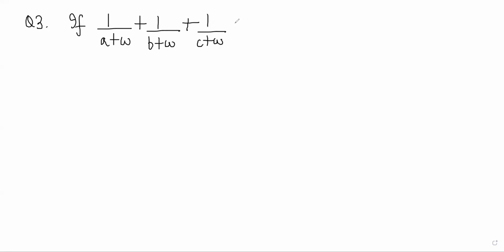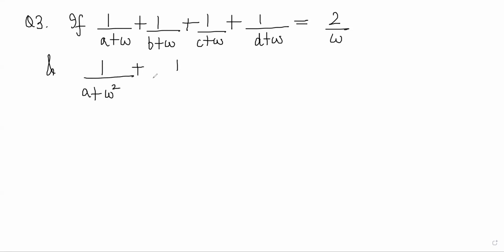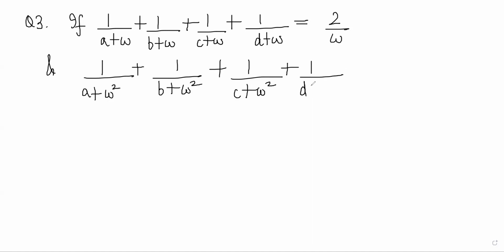The third question is this one. If 1 by (a plus w) plus 1 by (b plus w) plus 1 by (c plus w) plus 1 by (d plus w) is equal to 2 by w, and 1 by (a plus w square) plus 1 by (b plus w square) plus 1 by (c plus w square) plus 1 by (d plus w square) is equal to 2 by w square.